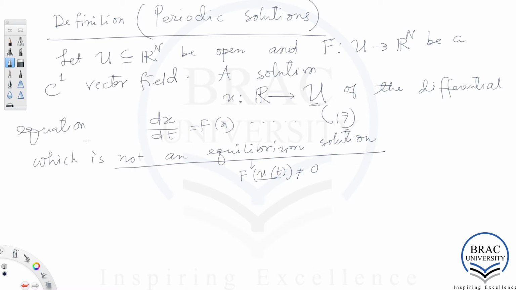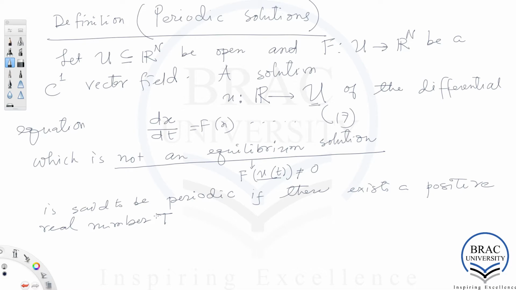So this solution u is said to be periodic if there exists a positive real number, well, let me denote it by tau, a positive real number tau such that u of t plus tau is equal to u of t for all t in R. This is equation number 18.